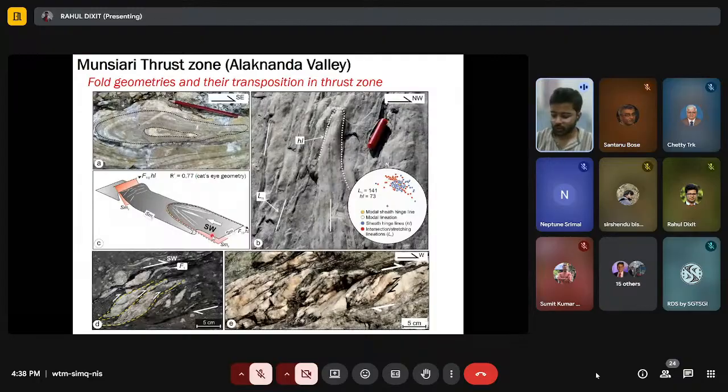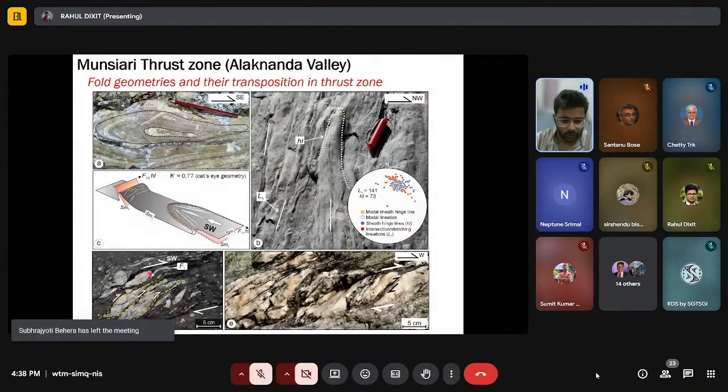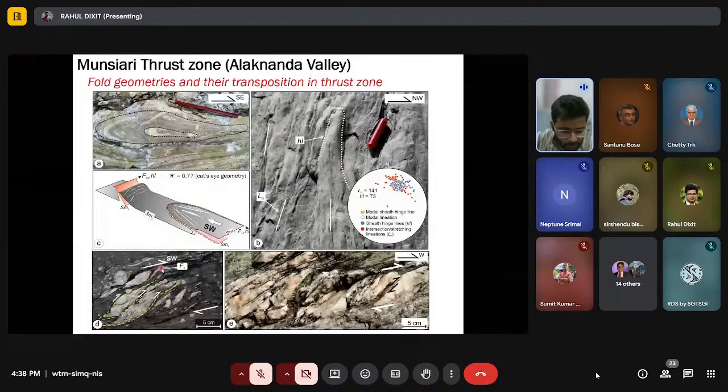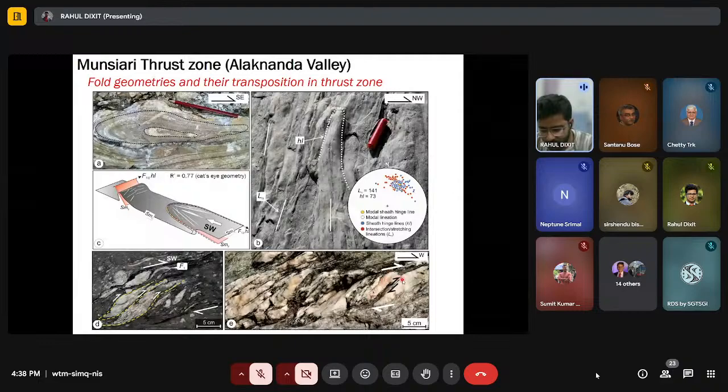And the evidence of the transposition of these isoclinal folds is also shown in photographs D and E, where you can see these isoclinal folds, which represent the F1 or F2 type of folds. In photograph D, this was initially an isoclinal fold.